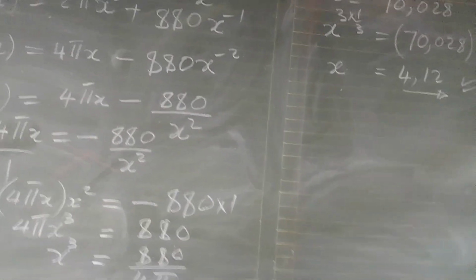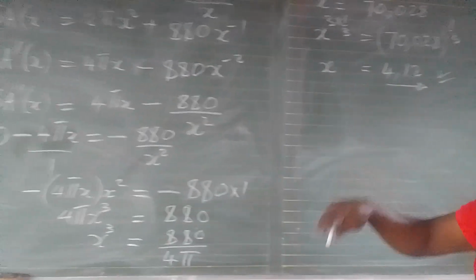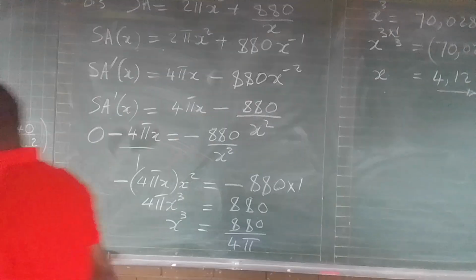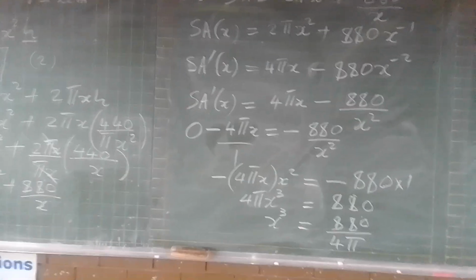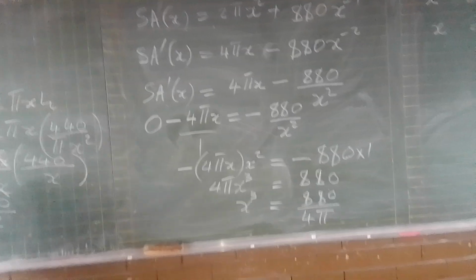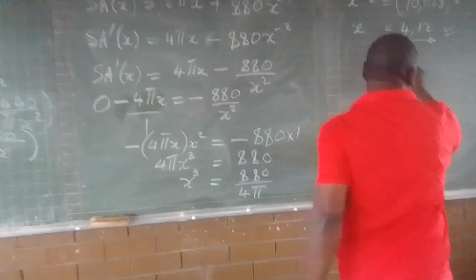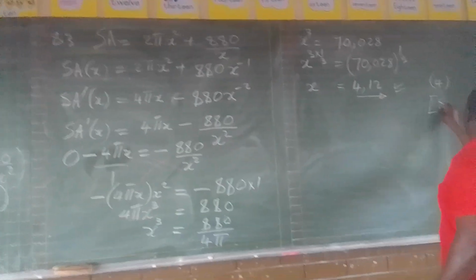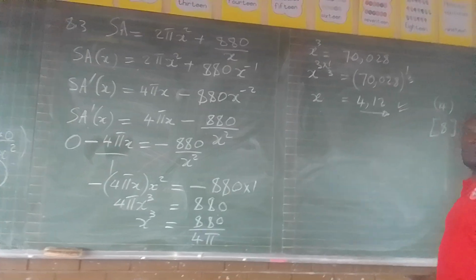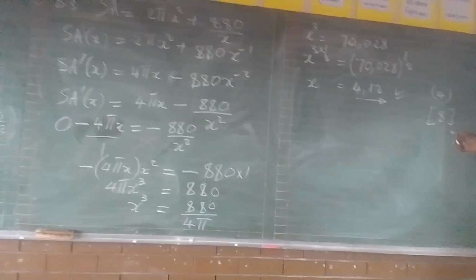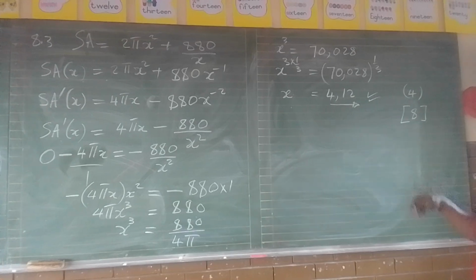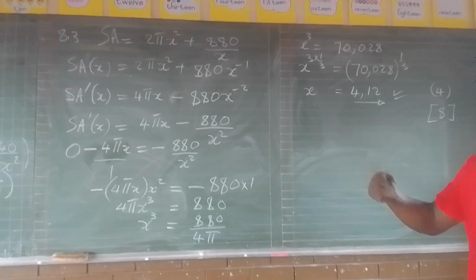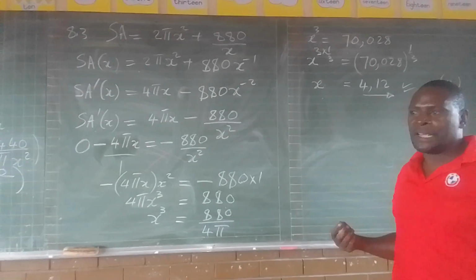All in all, such questions had a maximum of 8 marks. Some can work 8, 6, sometimes 5, but the maximum is 8. It can go up to 10 depending on the question for that year.